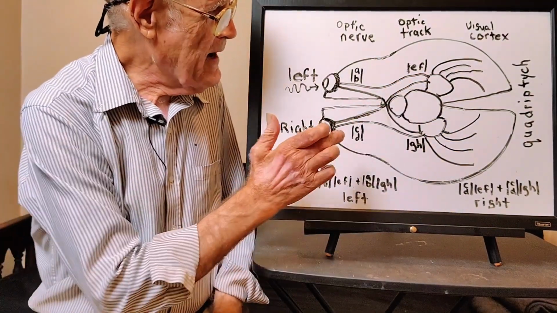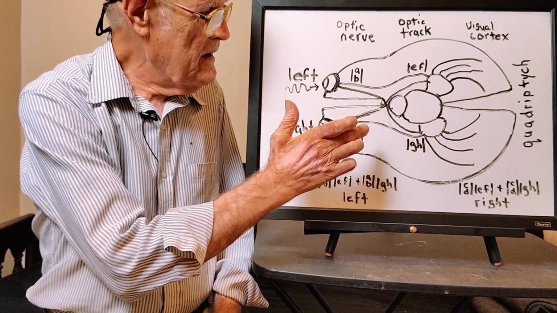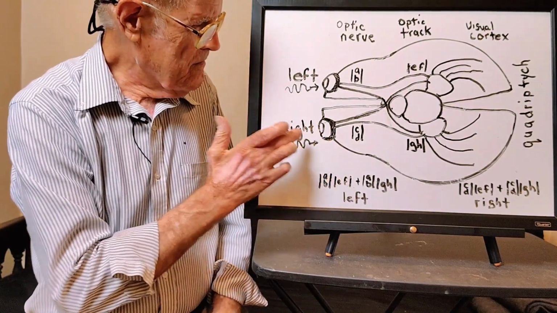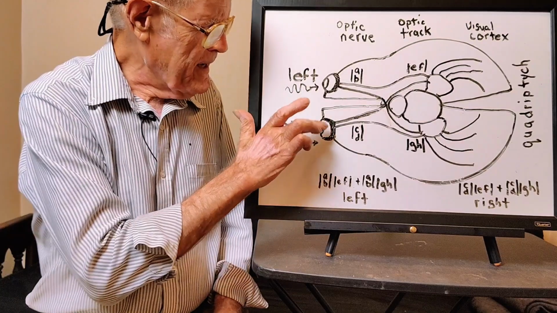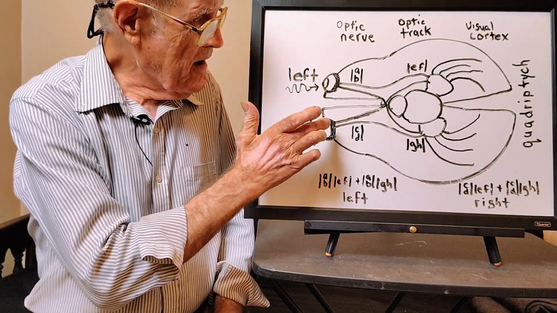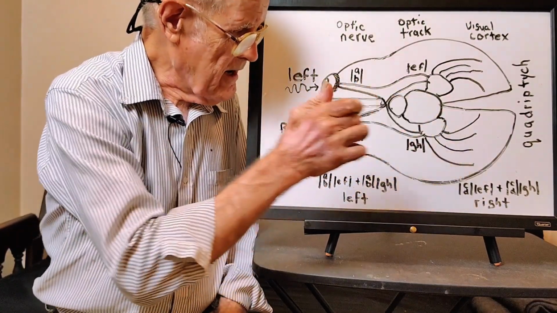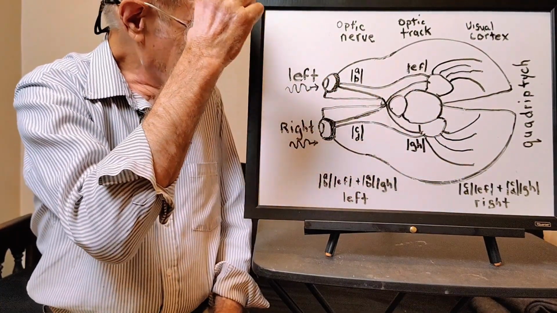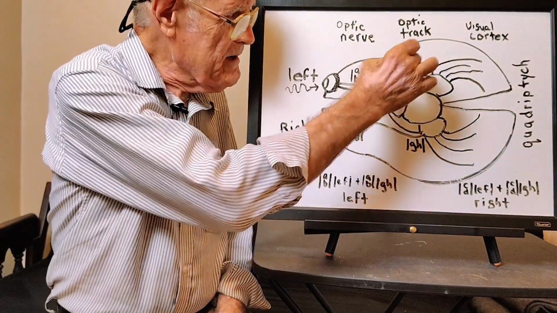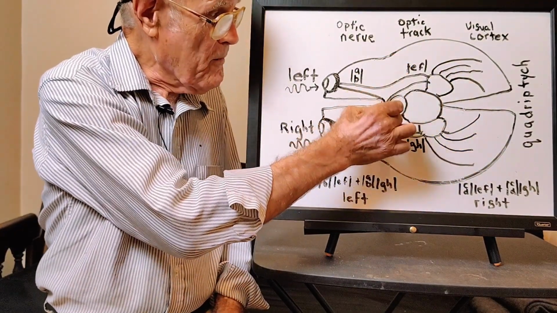So the point is, you have this cross product of the light waves that come in and hit the little receptors in the retina, and they send these electrical charges along the optic nerve, and then the optic tract is what it's called once it gets behind the point where it crosses over.